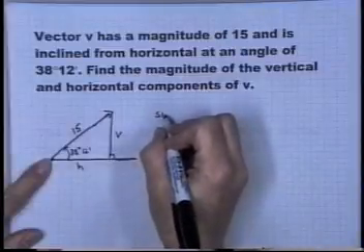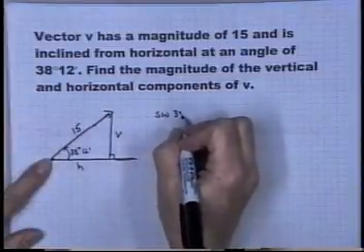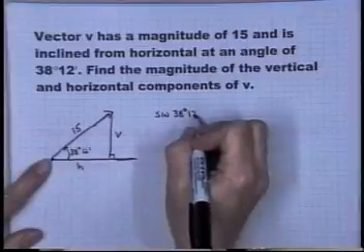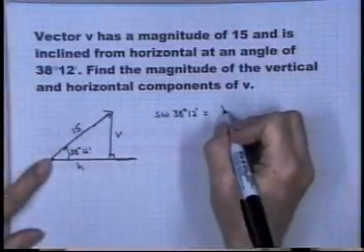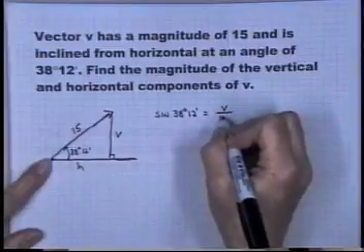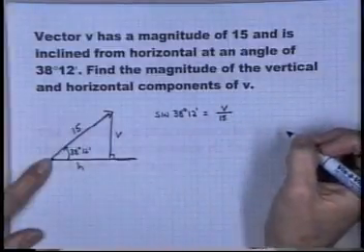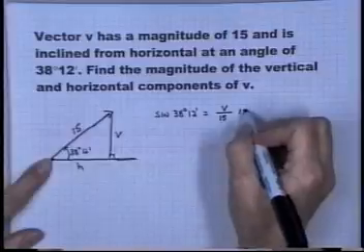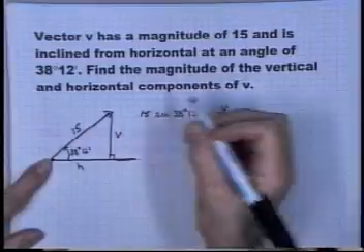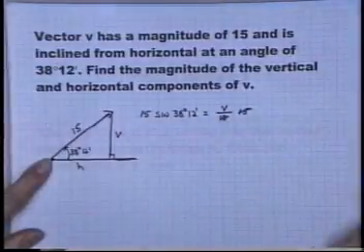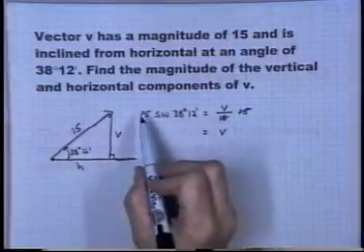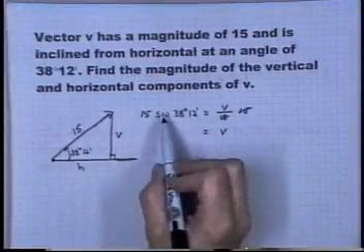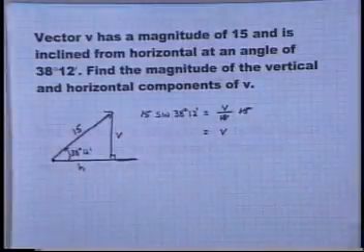We know that the sine of 38 degrees 12 minutes can be found by taking the side opposite that, which is V, and dividing by the hypotenuse 15. Now to solve this for V, we're going to multiply both sides by 15, and this 15 over here will cancel out. So our vertical component can be found by multiplying 15 times the sine of 38 degrees 12 minutes.